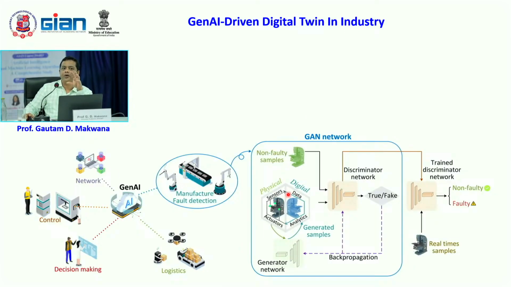The process instrument component of the industry. Many physical components and many process parts are converted into a digital twin with the help of generative AI. Then we can get an idea about the prediction of the accuracy of the product and the yield of the product.